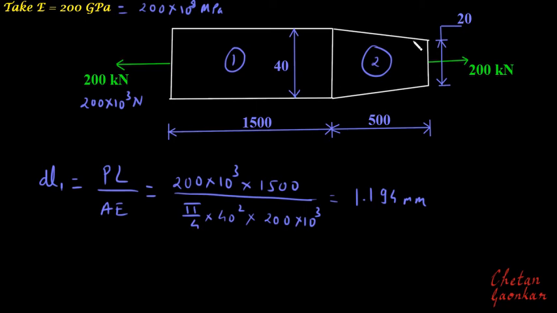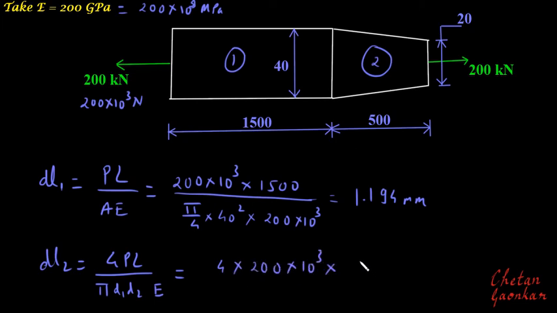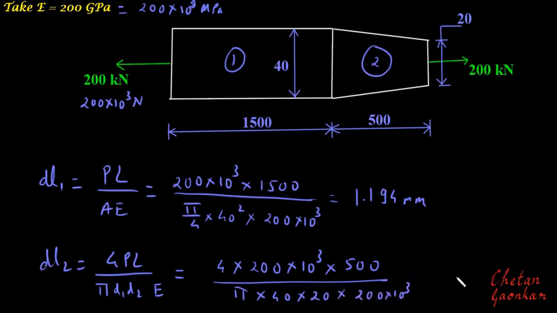But what about the deformation in segment 2? It can be given by the expression which was derived just now: 4PL divided by pi d1 d2 multiplied by E, since the area was pi by 4 d1 d2. Upon substituting these values, this will be 4 multiplied by 200 multiplied by 10 to the power 3, and the length is 500, divided by pi multiplied by 40 multiplied by 20, multiplied by 200 multiplied by 10 to the power 3.